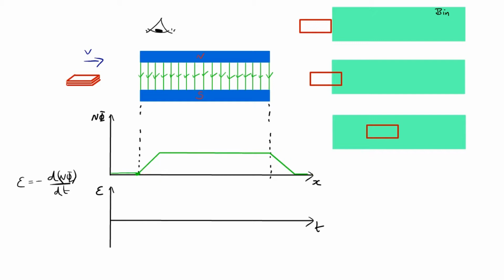In this part, the flux linkage is increasing as it enters the field. As it goes in, we're going to get more and more flux linkage, so the EMF should be constant for this rectangular coil during that period.